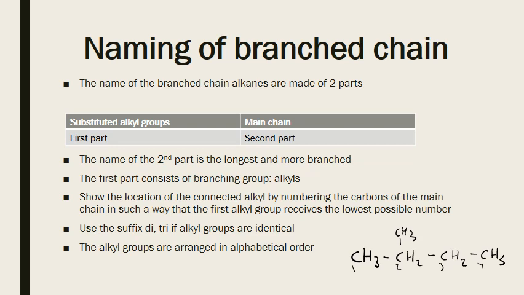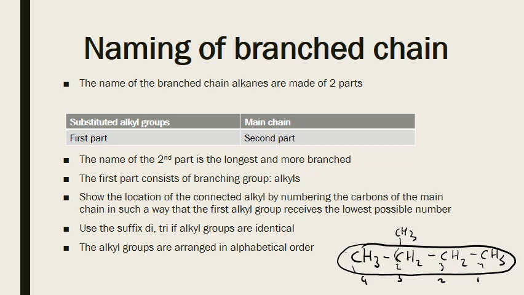If we move like this, 1, 2, 3, the number is less than 1, 2, 3, 4. So we use the one that has the longest chain. This is the longest chain, 1, 2, 3, 4. Then we number each carbon of the straight chain. As we said, this is 1, 2, 3, 4. And if we move in this direction, it's also 1, 2, 3, 4.